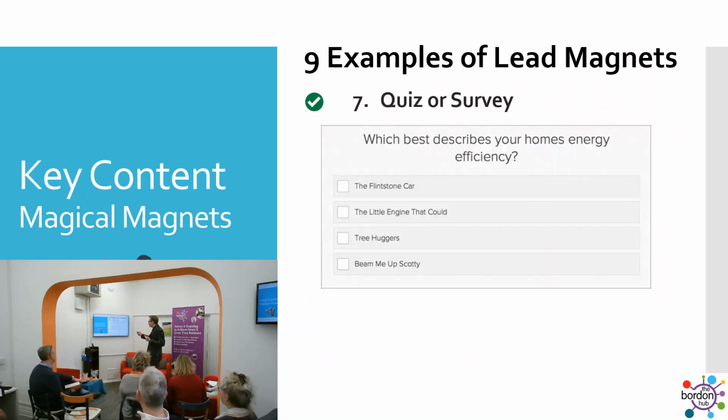This one here is a multi-part form. So which best describes your home energy efficiency? This is a home energy efficiency website. The Flintstone car, the little engine that could, tree huggers, beam me up Scotty, you know. A great one for you, because you're also using language here that your target audience is self-identifying with, yeah?